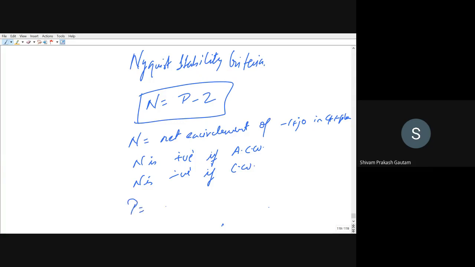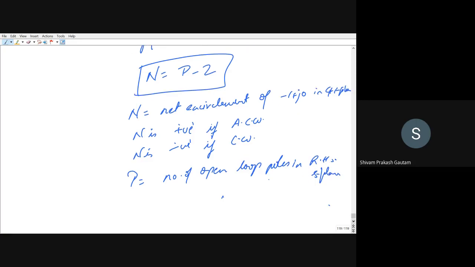P is the number of open loop poles in the right hand side of the S plane. So you have the values of N and P. From that you can substitute these values in the formula N is equal to P minus Z, and get the value of Z. By definition, what is Z?